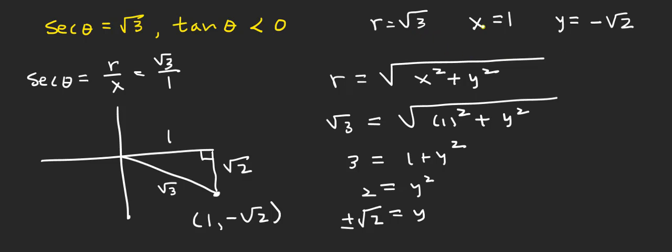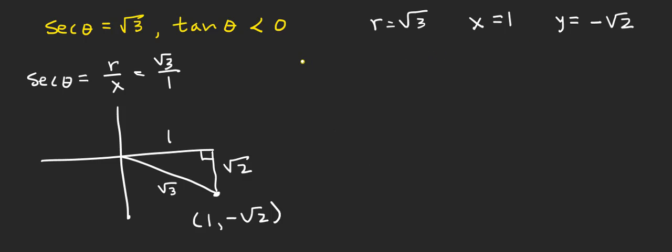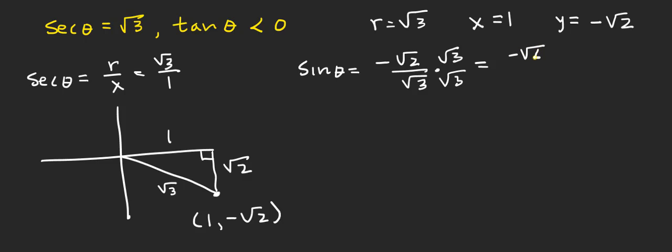And we have r, x, and y, so we could find the rest of the trig functions. So sine theta is y over r, which is negative radical 2 over radical 3, which is going to be multiplied by radical 3 top and bottom. You'll get negative radical 6 over 3.